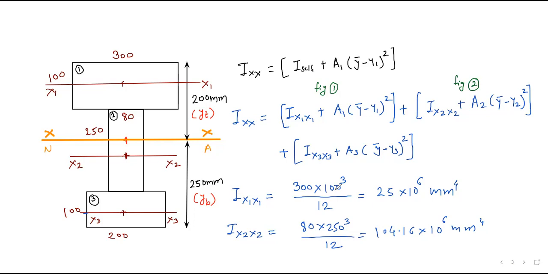What is the value of Ix2? It is 3.51 into 10 raised to 9. Okay, correct. Now calculate Ix3.